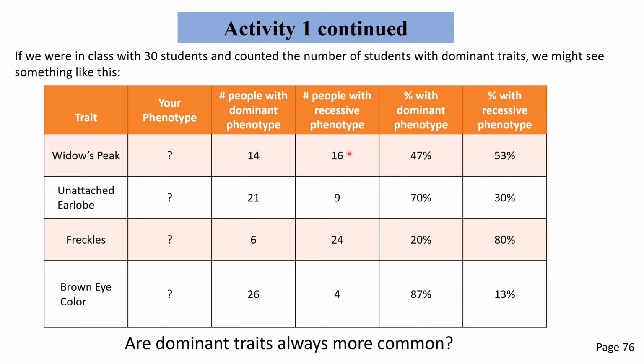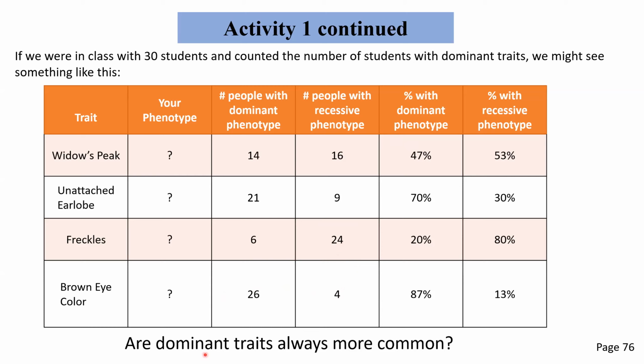Then if we looked at freckles, you would see that 6 people have this dominant phenotype while 24 have the recessive phenotype of no freckles. And for brown eye color, we would probably see about 26 people with this dominant phenotype and 4 people with the recessive phenotype. So these 4 people would have green or blue eyes or something else.